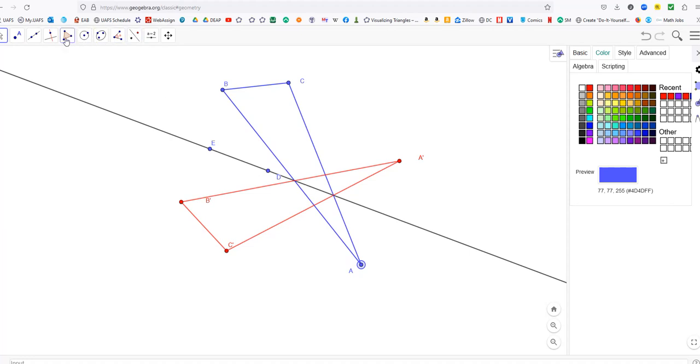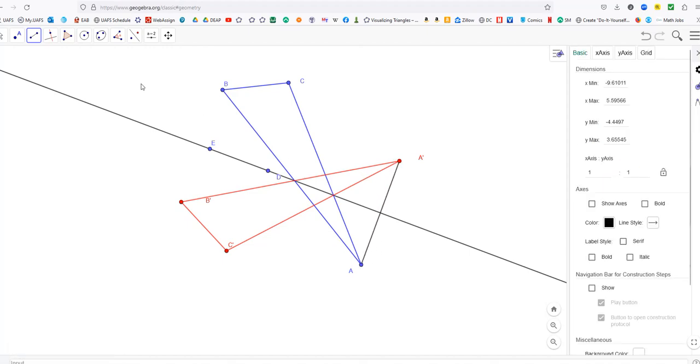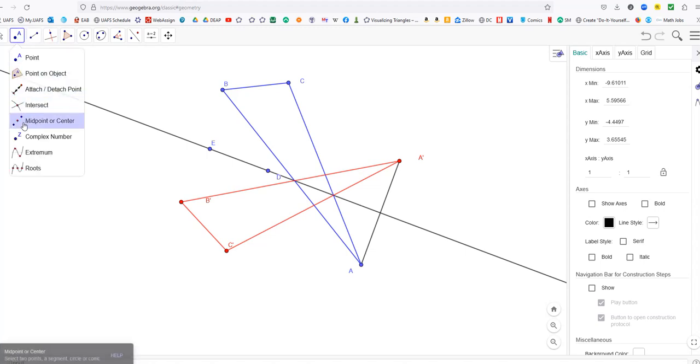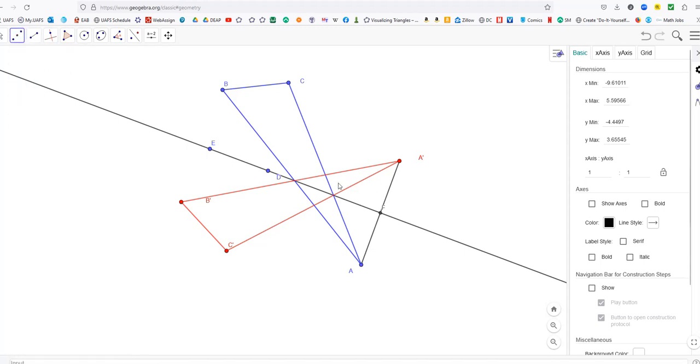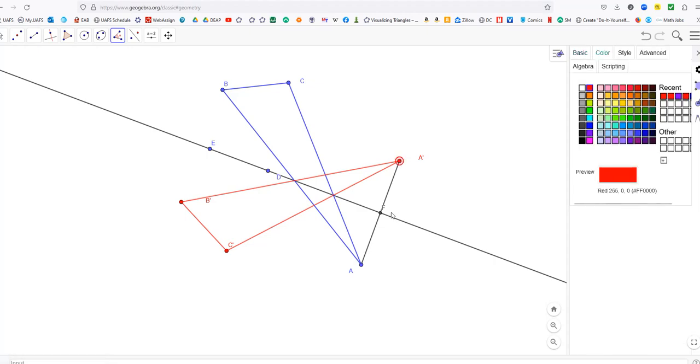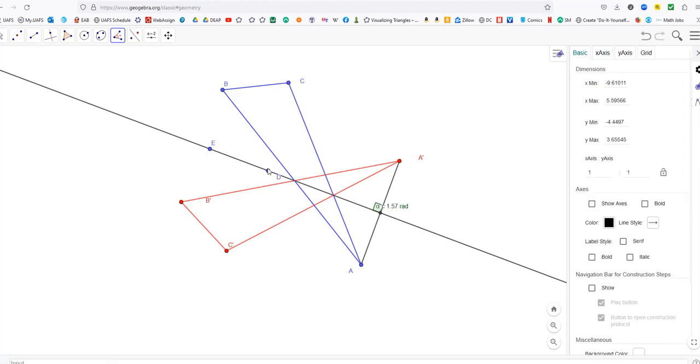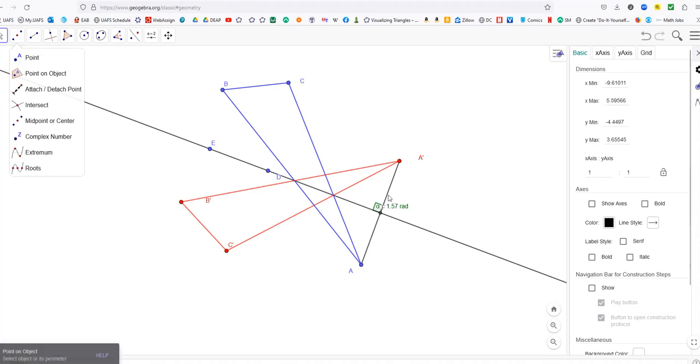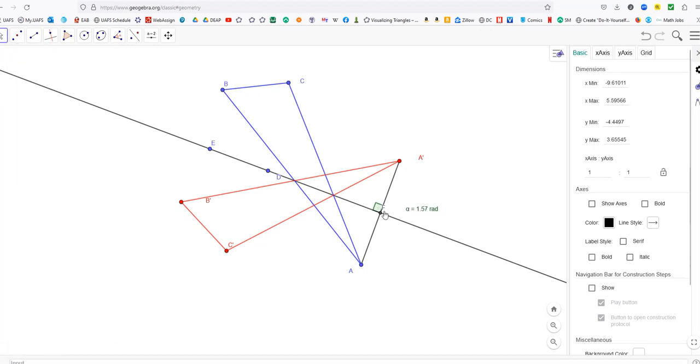Now, geometrically, what does it mean for it to be reflected? It means if you connect up a preimage and an image point here, the midpoint of that line segment is going to be on the mirror line for starters. And if you find the angle that it makes there, it's going to be a right angle. So the line connecting the preimage to the image is perpendicularly bisected by the mirror line.